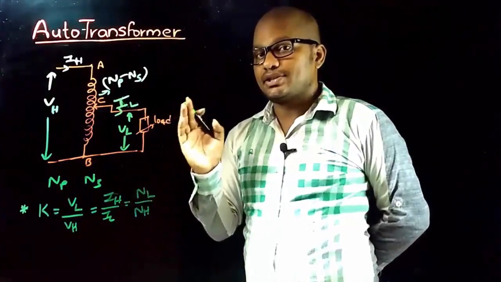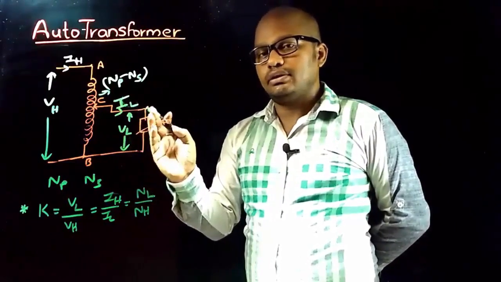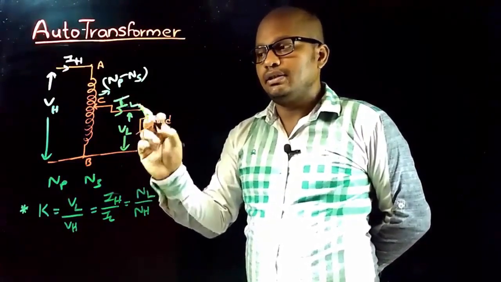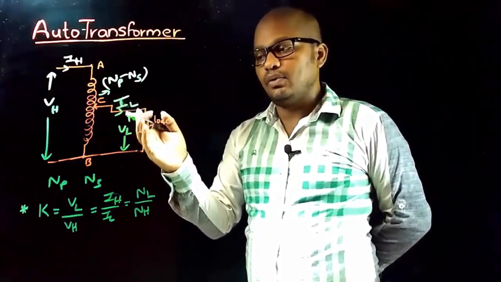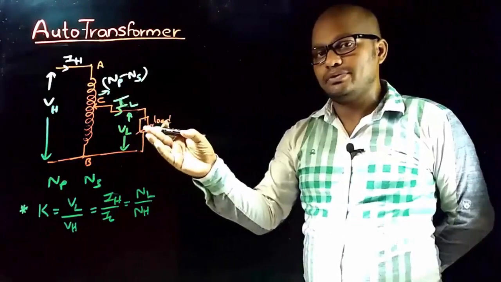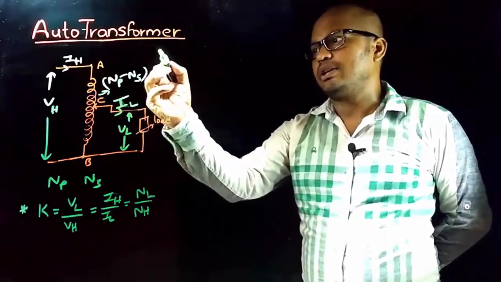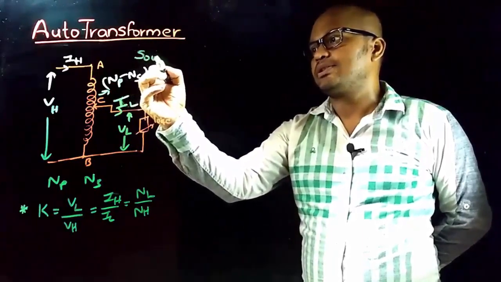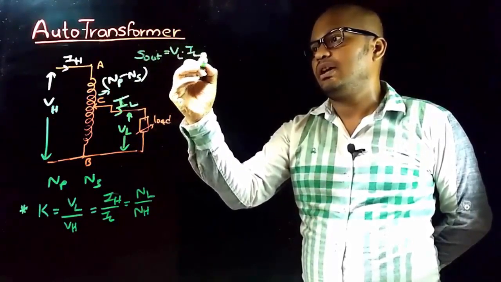As power is taken as constant in transformer, so if VL into IL is constant, then if voltage is high, then current will be low, or if current is high, voltage will be low. And if you observe this diagram, the output power is VL into IL. So let us represent that with S out, which is equal to VL into IL.